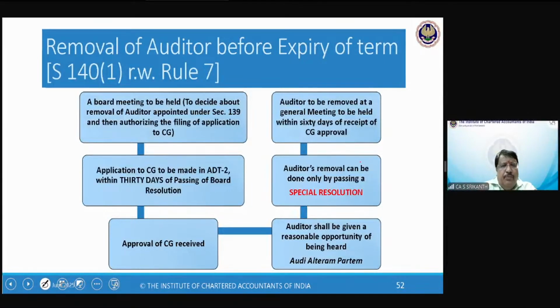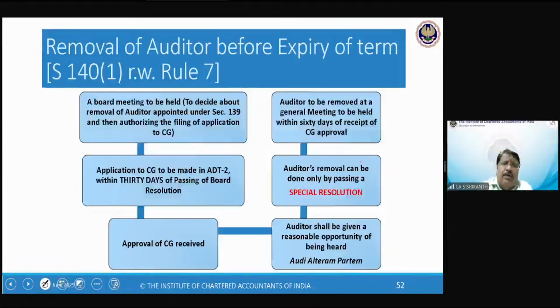Hold a board meeting to decide about removal of the auditor appointed under Section 139, and then authorize the filing of an application to the CG. So first step, hold a board meeting. With the board meeting, decide to remove, resolve that, subject to the provisions of Section 140, subsection 1, Rule 7 of the Companies Act 2013, and other applicable provisions of the Companies Act 2013, XYZ and Company, Chartered Accountants, be and are hereby removed as auditors of the company.